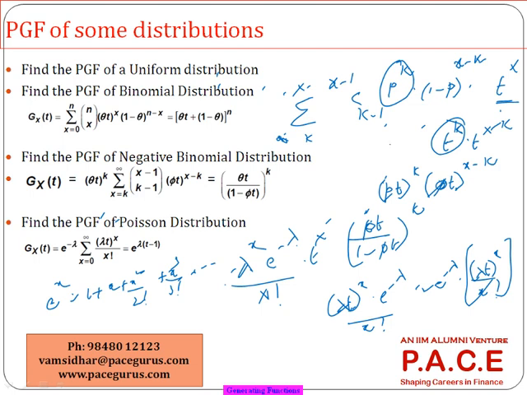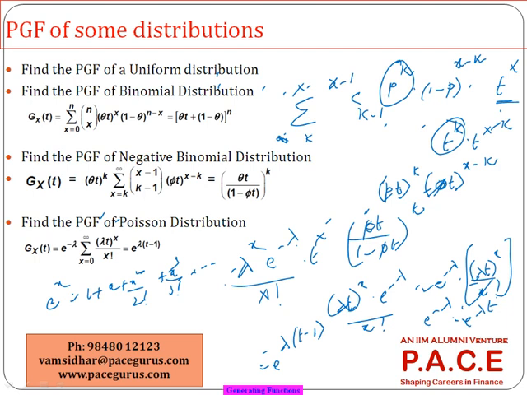So the inside part becomes e^(lambda t). e^(lambda t) into e^(-lambda) will make it e^(lambda(t - 1)). That is the formula that has been given there as the PGF.